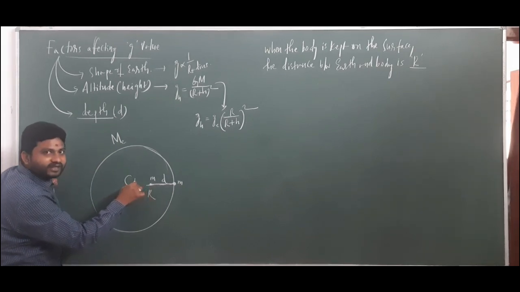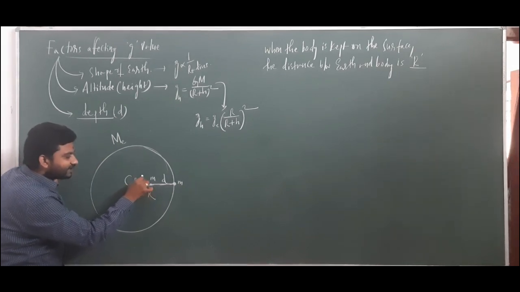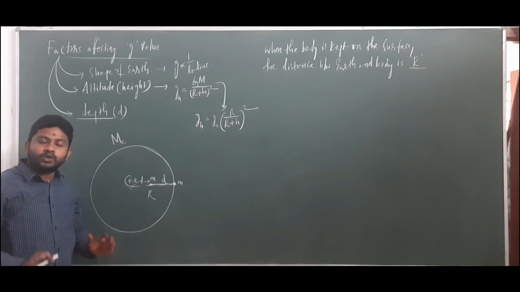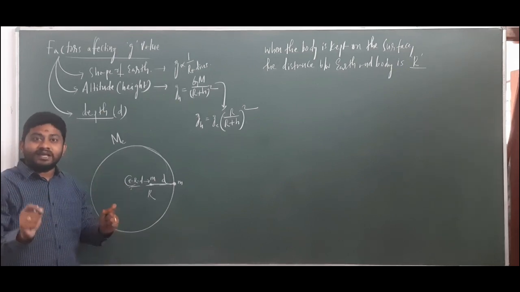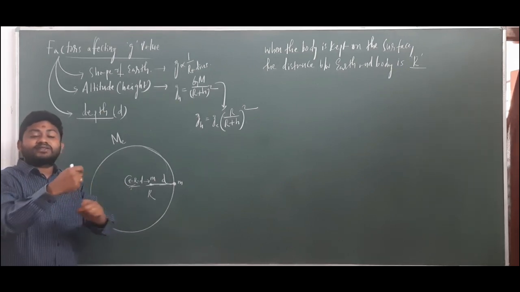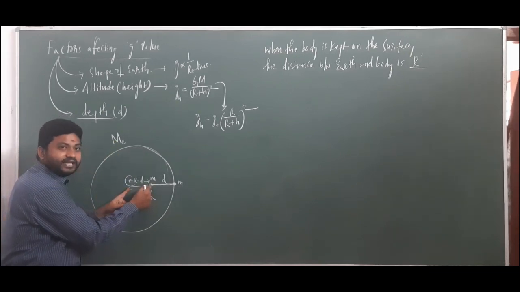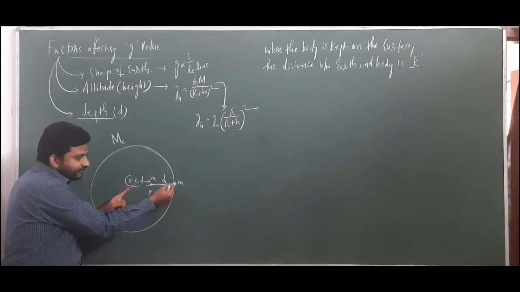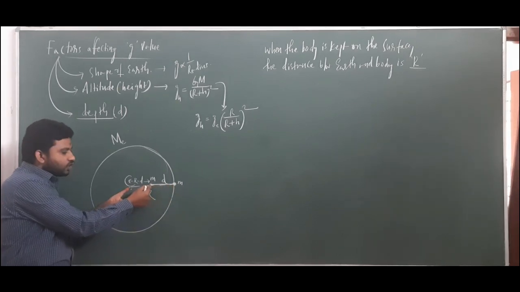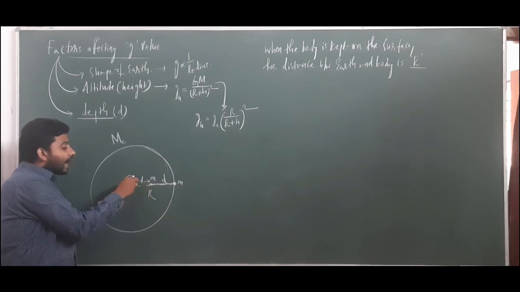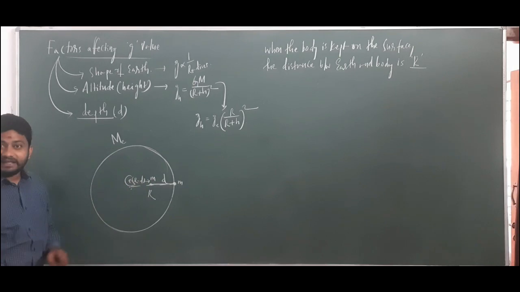So I have taken the body to a distance R minus D from the center. I hope it is clear to you. The total distance is R, and I have just brought it down by a distance D. So finally, the distance between their centers is R minus D.